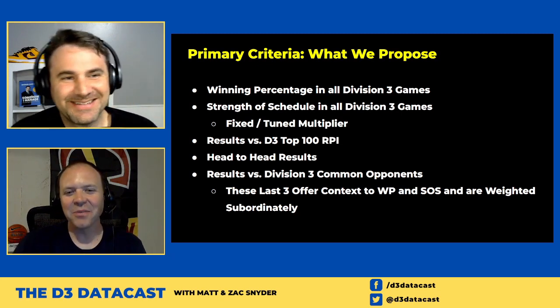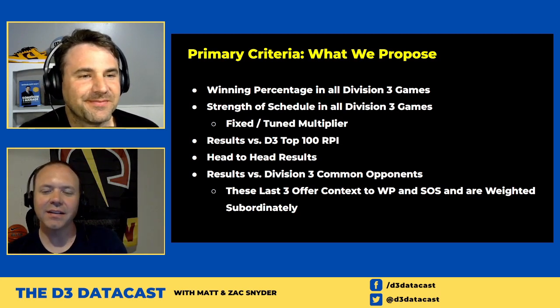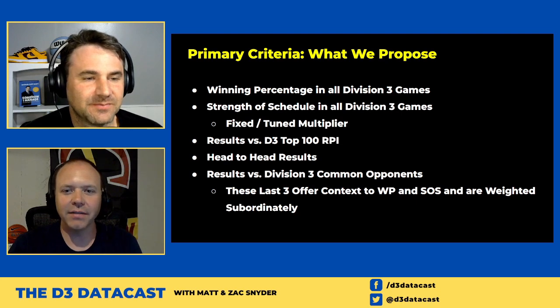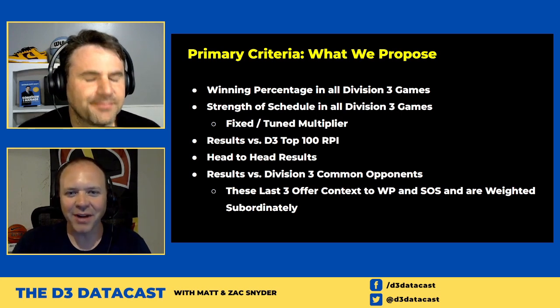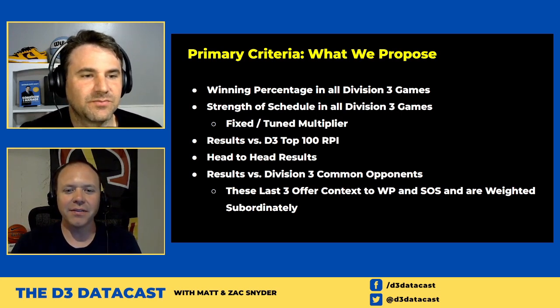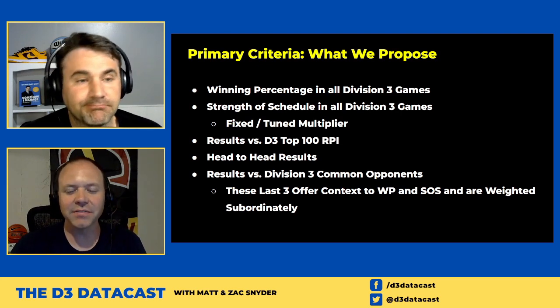Oh, 100% better. Now, Matt, the one discussion that you could have that we didn't mention so far, and I want to bring this up because you talked about the winning percentage and the strength of schedule being, I don't want to say super primary or the primary priority, but they're kind of the first pass through the primary criteria. So the question could be asked in that context then, should there be maybe a qualifying winning percentage or a qualifying strength of schedule?